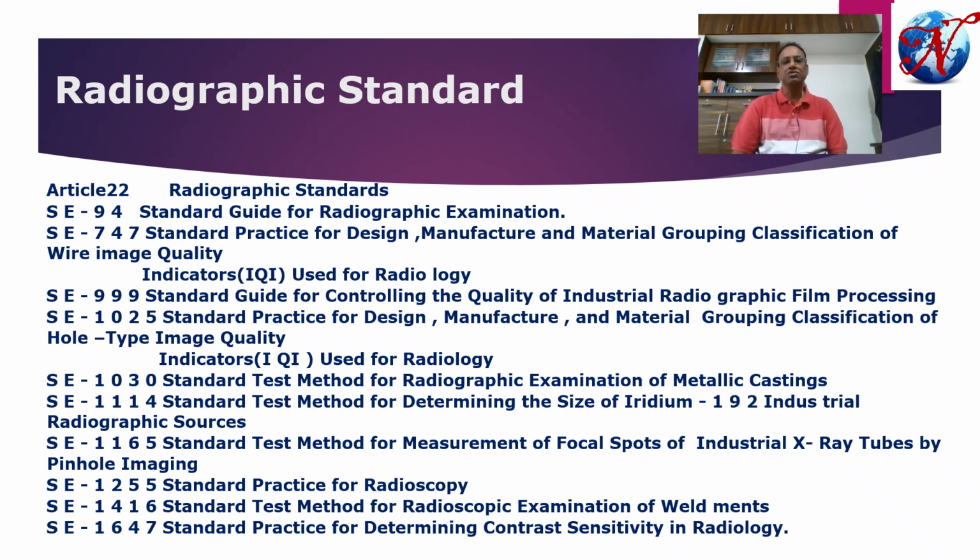SE-1030 is the standard test method for radiographic examination of metallic castings, and SE-1114 is used for determination of the size of the Iridium 192 source. SE-1165 is the standard test method for measurement of focal spot of industrial X-ray machines by pinhole imaging.